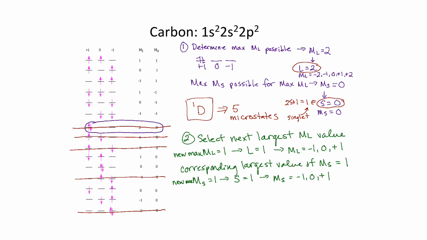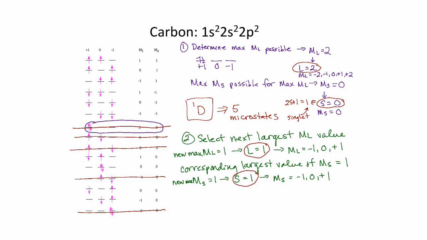Now we again go down the line looking at the different combos of m sub L and m sub S. That will tell us the microstates that will be covered by this particular combo of L and S. In this case, we want to focus on these values to come up with our term symbol.